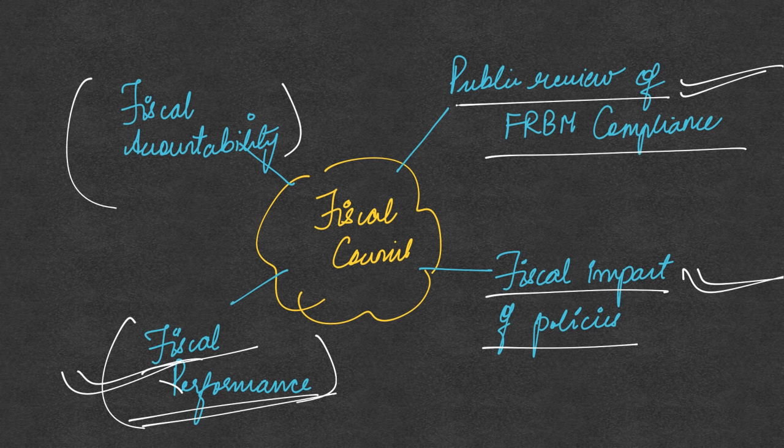And finally, it is going to enhance the fiscal accountability of the government to the parliament. So this fiscal council is going to report to the parliament, and through this report, the debates in the parliament will become even more focused, and they will also be more objective and targeted. This way, the fiscal accountability of the government to the parliament is also going to increase.